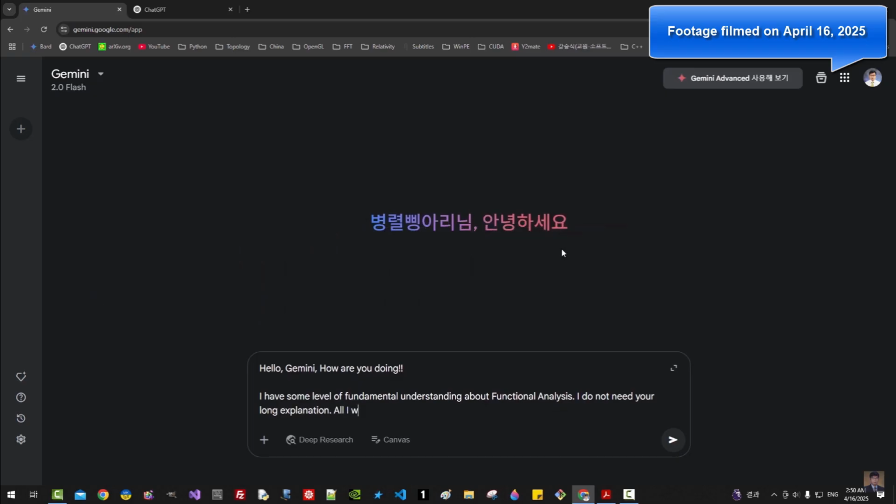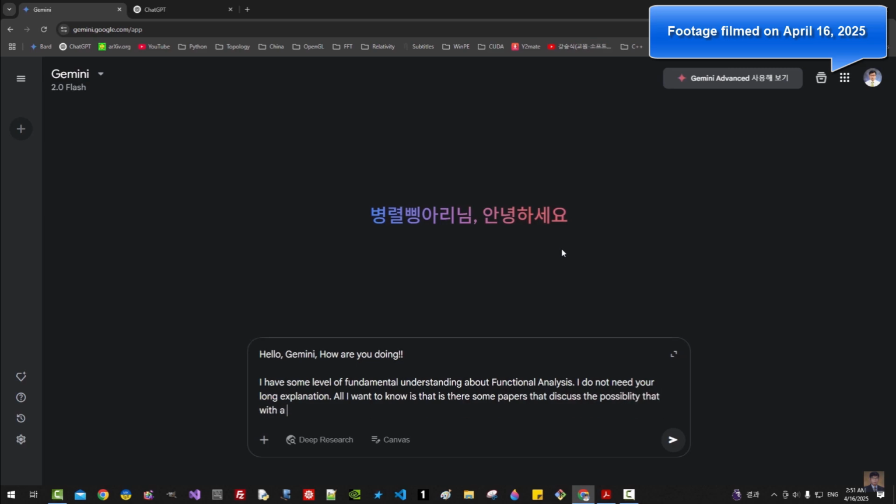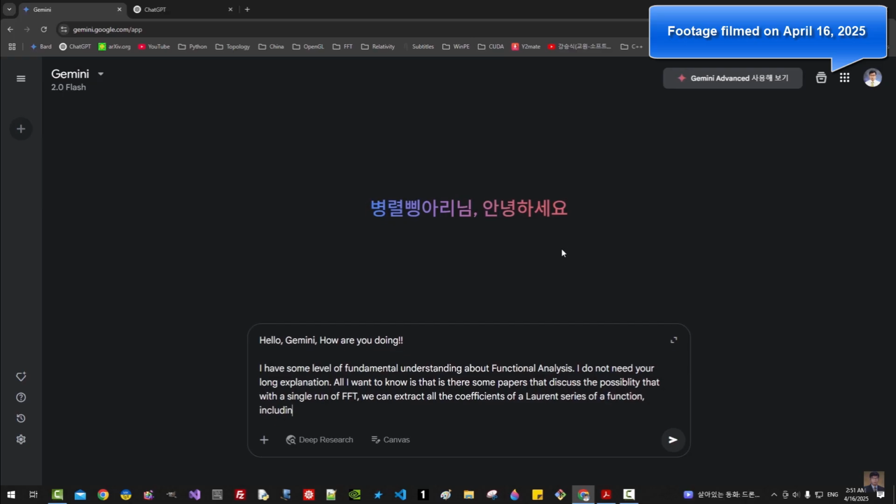All I want to know is, are there some papers that discuss the possibility that with a single run of FFT we can extract all the coefficients of a Laurent series of a function, including all the singularities?